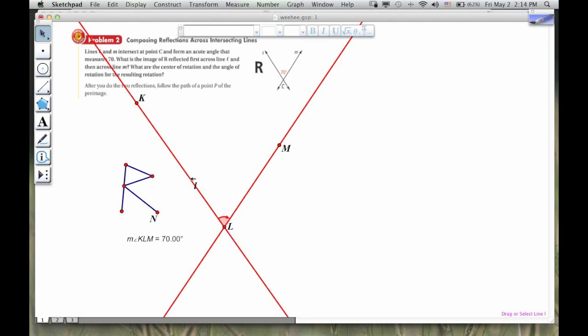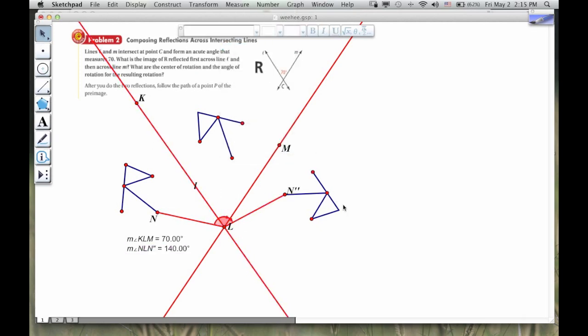First, we start with reflecting R over K, and then reflect again over line M. We can see that this forms a rotation from reflecting two times, and to measure the angle, we connect the same point on the first image to the last image, and then we measure the angle.